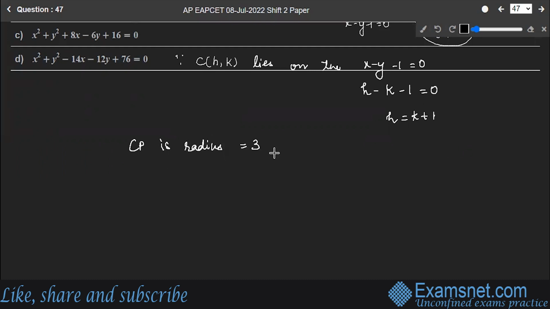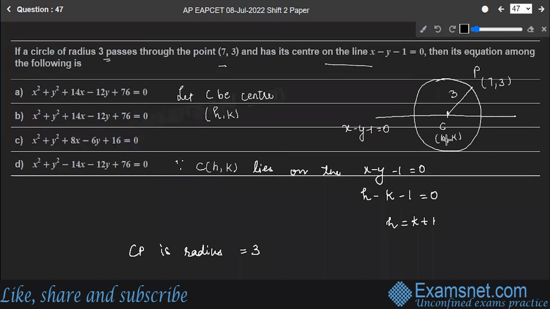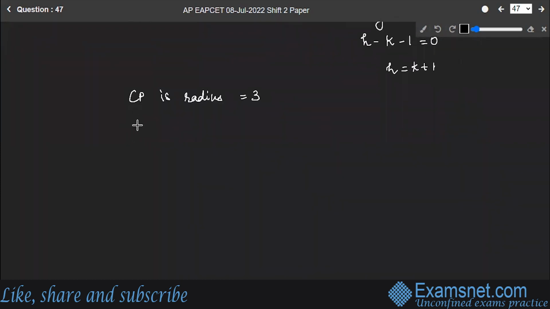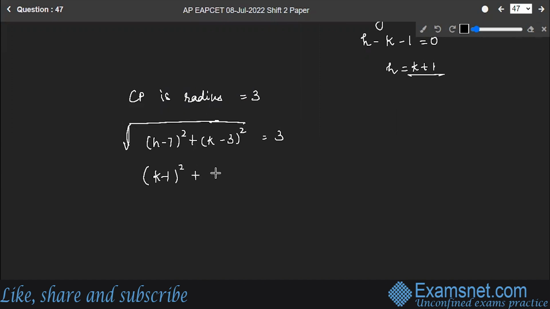Correct? That means if this is the point C and this is the point P, applying the distance formula, CP can be written as root of (h minus 7) square plus (k minus 3) square is equal to 3. H can be written as k plus 1. So this will become (k minus 6) square plus (k minus 3) square is equal to 9.